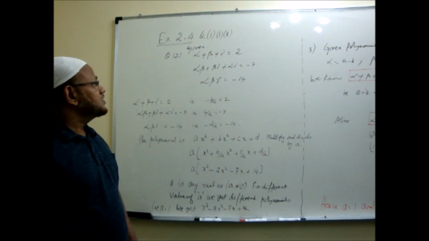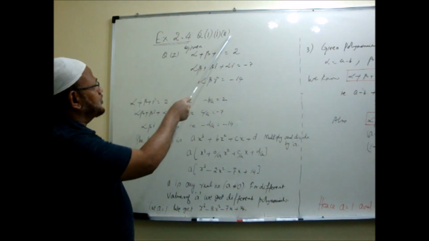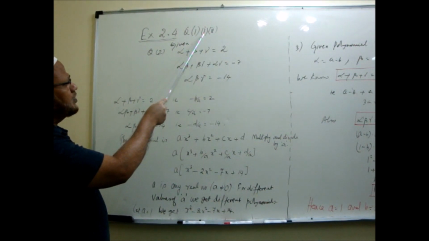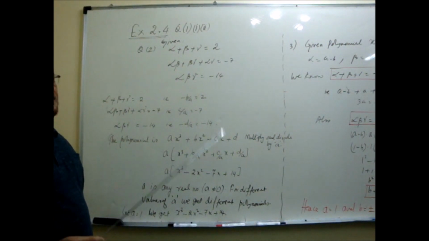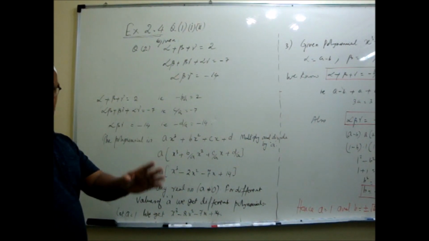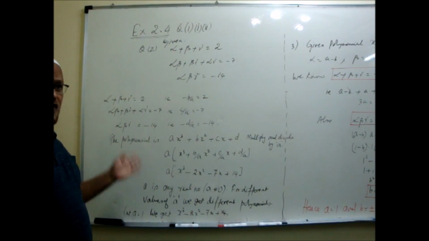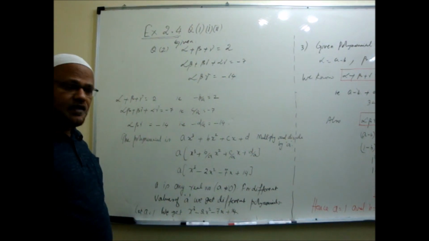How to learn? Okay, see, these two questions from your textbook you can check. Exercise 2.4, question number 1. There are two bits of questions given. In those questions, they have given the zeros. So what do we have to do? The question asks you to verify whether these are zeros of the polynomial or not.